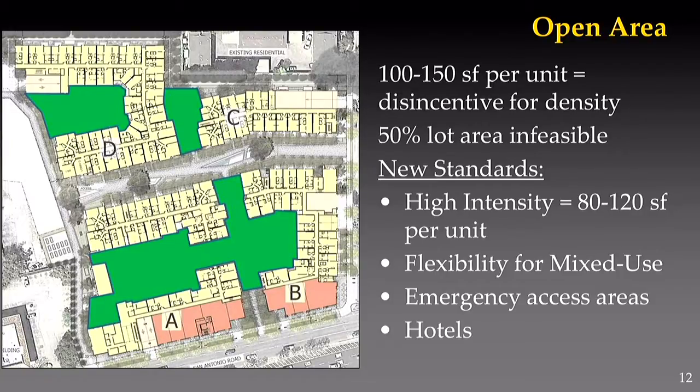They're also fairly consistent with this approved project, the site plan shown on left on San Antonio, which is under construction now, in terms of the interpretation of what counts as common usable open area. Staff is also recommending some flexibility for mixed use to double count open area under very specific circumstances, to count emergency access areas as open area under very specific and design reviewed circumstances, and to add an open area standard for hotels.